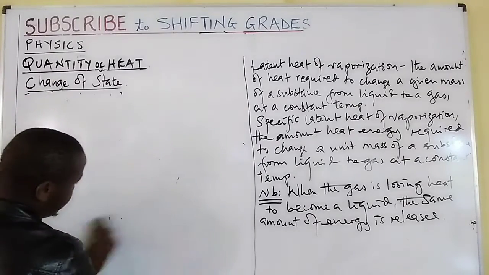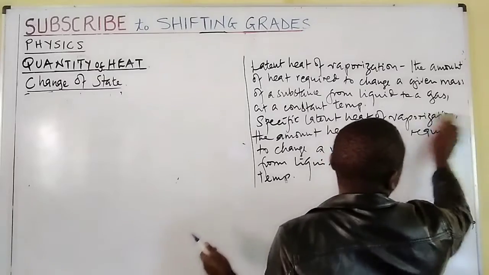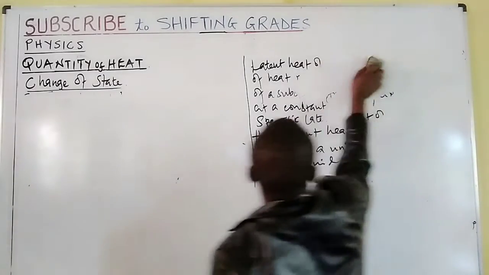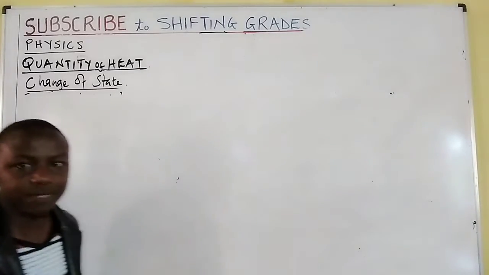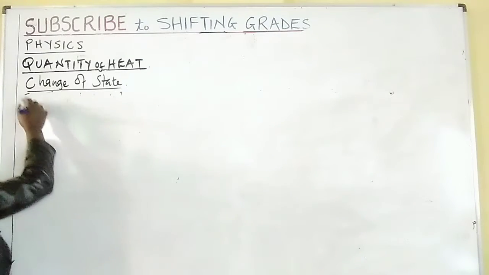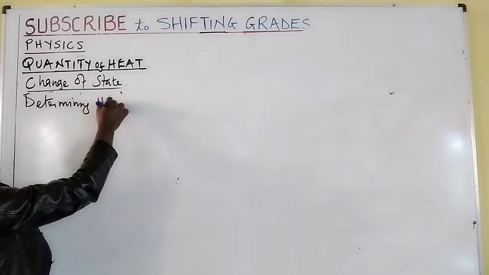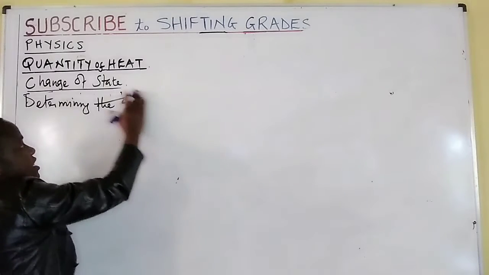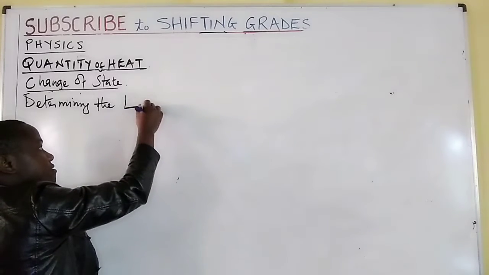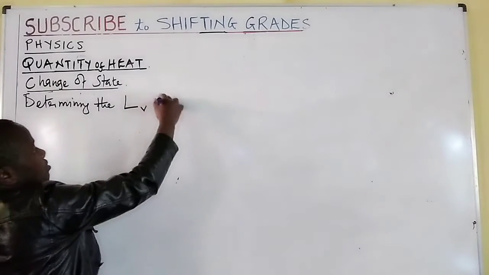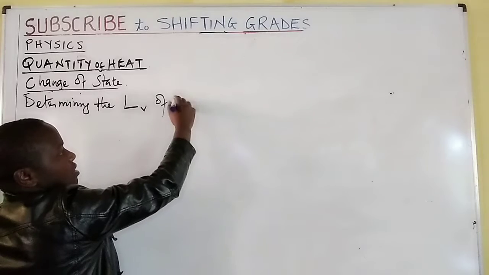So in the experiment now, the heat energy which is released as a gas condenses back to a liquid can be determined using the experiment below, determining the specific latent heat of vaporization of water, or of vapor.